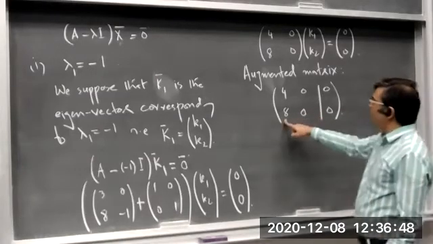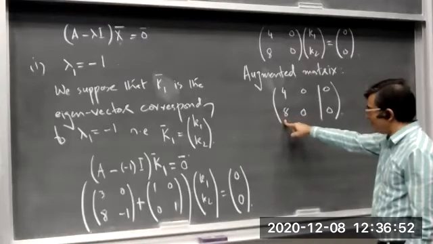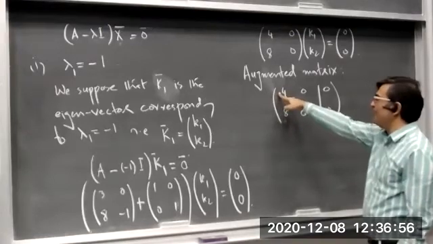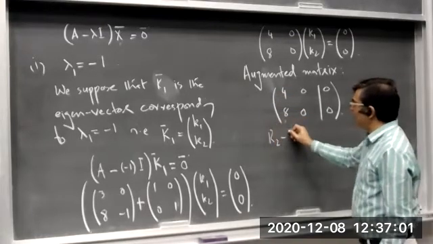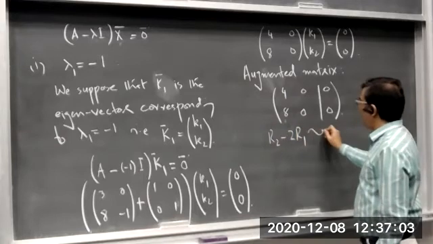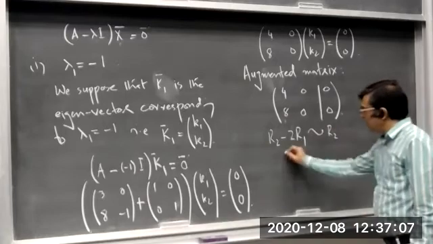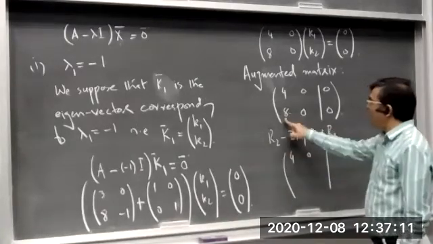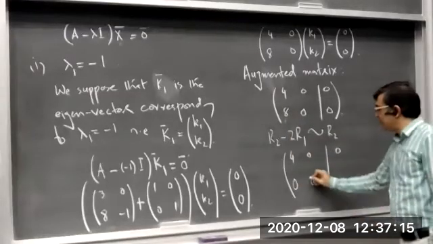Now, we are going to reduce it into echelon form. What do we do here? We multiply the first equation by 2 and subtract from the second: R2 minus 2R1. We are going to change R2. So it becomes [4, 0, 0] and this becomes [0, 0, 0].